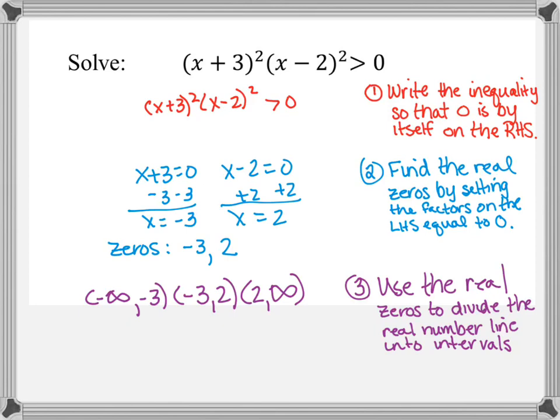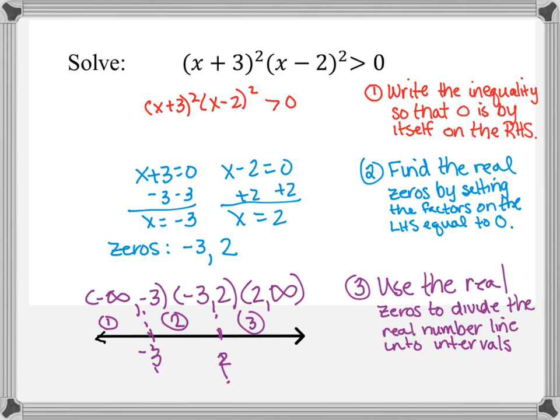To visually see what that's doing, if I look at a real number line and add my zeros, negative 3 and 2, I can split the number line into 3 sections. 1, which corresponds to negative infinity to negative 3, 2, which corresponds to negative 3 to 2, and 3, which corresponds to 2 to infinity.